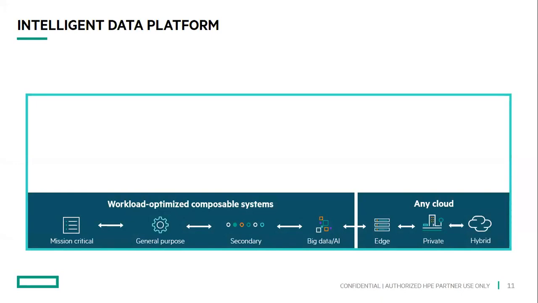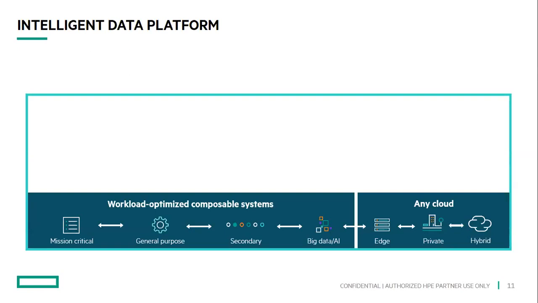Some workloads are general purpose workloads, where around six nines of availability is good enough. Some workloads are secondary workloads, which means a second copy of the data. And some workloads are big data or AI analytics, for example a data lake, or some data that is big enough and normally used for analytics.